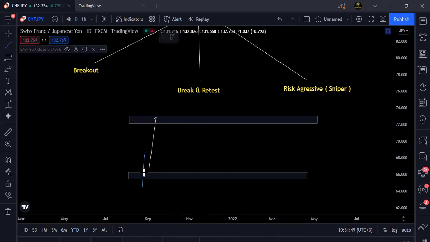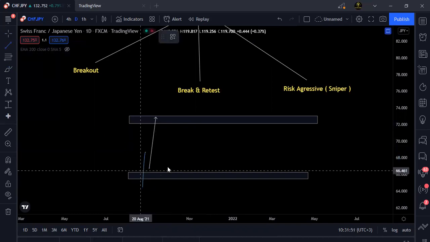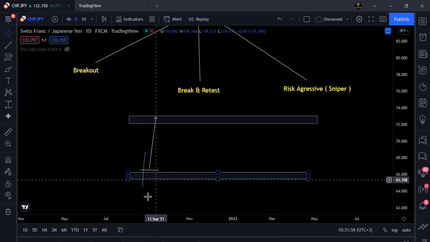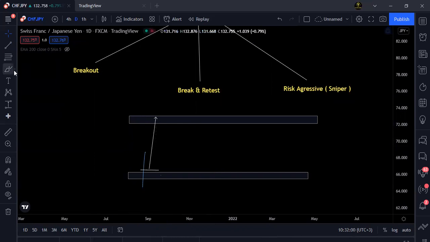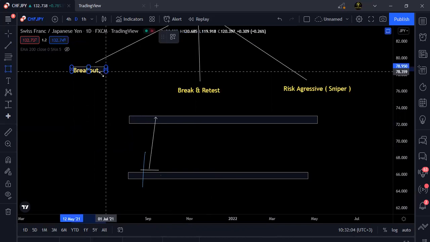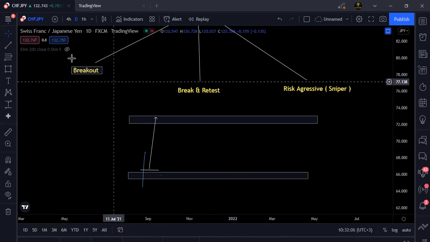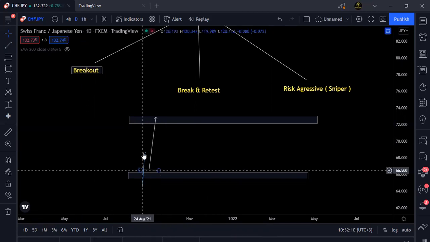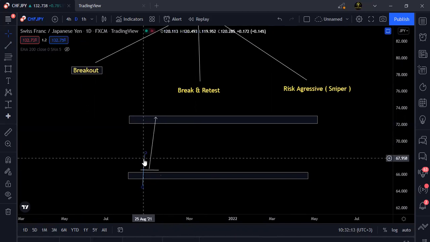Now, the characteristic of a breakout strategy is that your entry has to be above this market zone here. So first thing first, in a breakout strategy, what you need to be focusing on is the momentum.